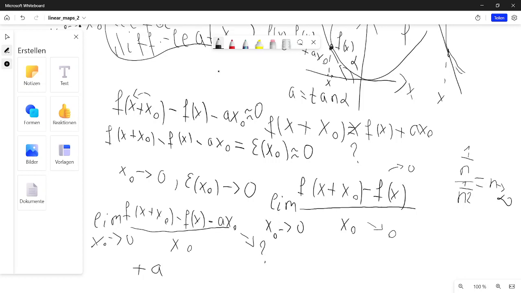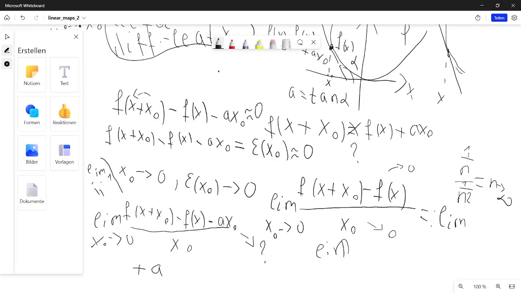where I have eliminated x0 here and here, we would get this limit, and that means that, let's call that limit lim1, and call that limit lim2.